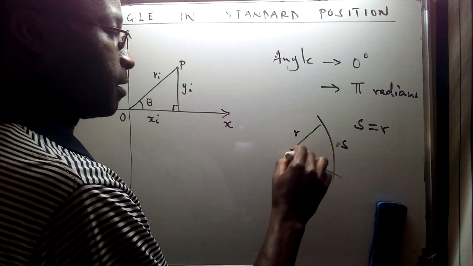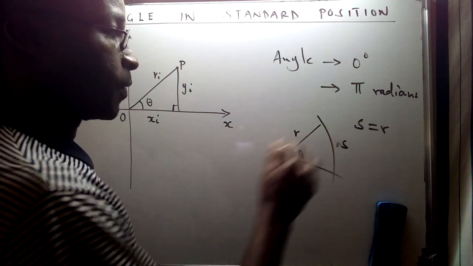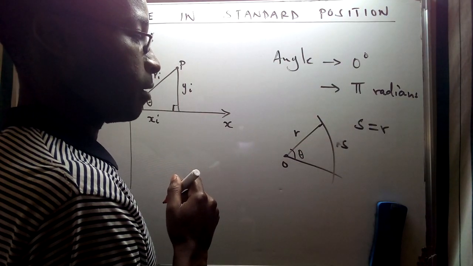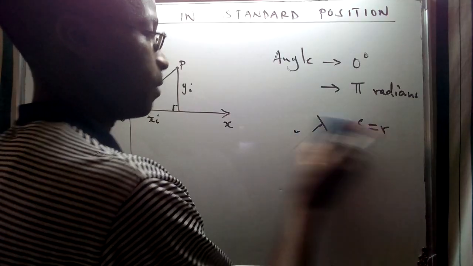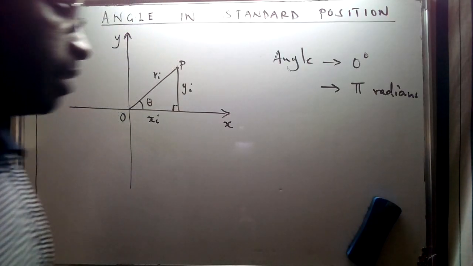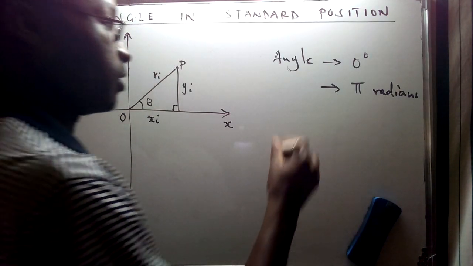So the angle formed in the middle is referred to as a radian. That is a brief definition of a radian.